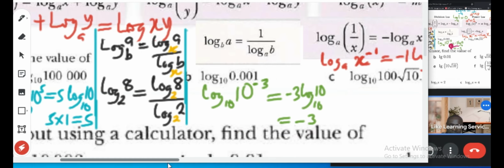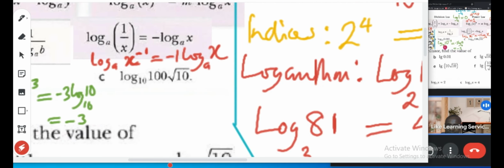Okay. Let me allow you to solve this one. Let me see this one. The way to solve it, you have to apply, please let me write this one down. Log in base 10, 100, then root 10. That will be 100 times root 10.